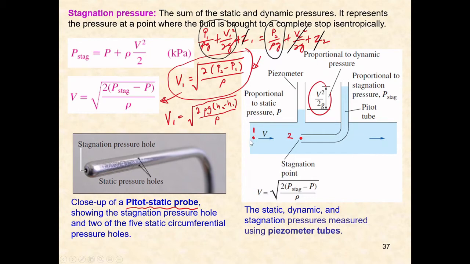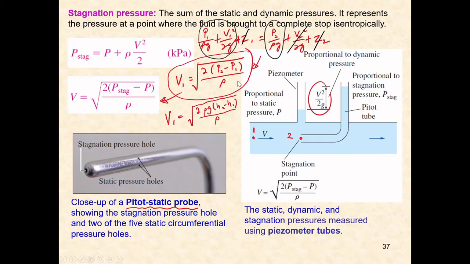Comparing them, you can see that point 1 and point 2 are at the same elevation, so Z1 and Z2 cancel out. We also realize that at point 2 the fluid comes to a stop, so the velocity V2 is 0 and that term cancels out as well. So we are only left with P1, V1, and P2. If we rewrite this equation, we get V1 equals this formula.